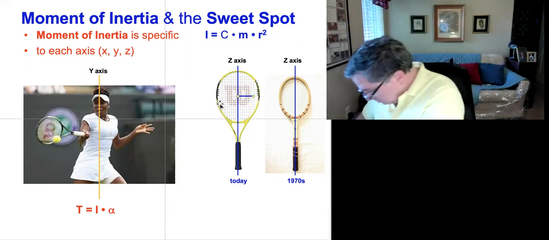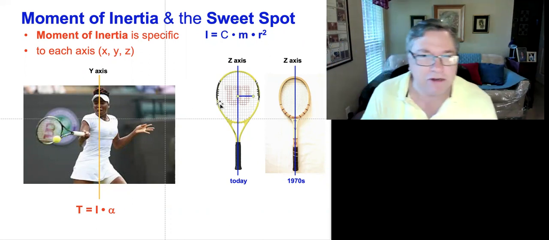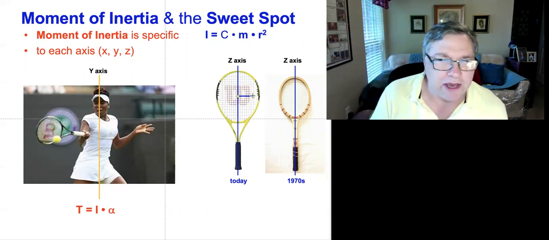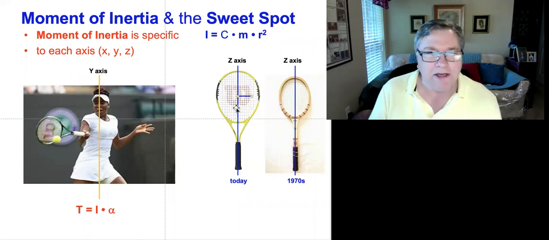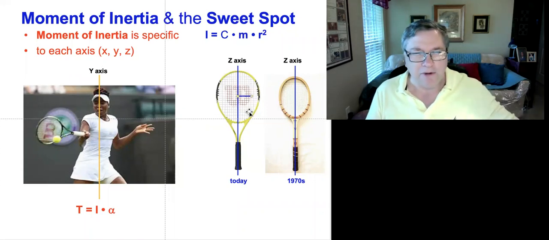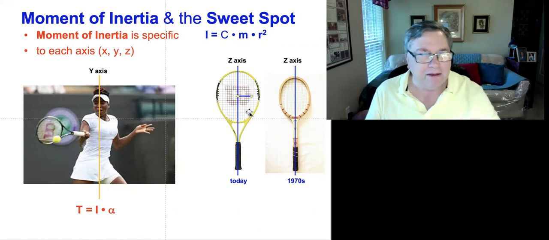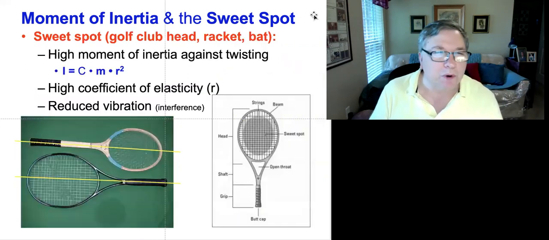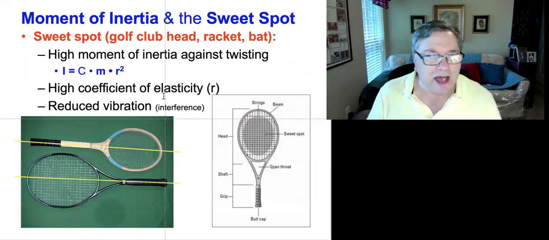The size of the W, that's about the size of the sweet spot. What does that mean? Well, anything in here, in this sweet spot, is going to hit it if it makes contact with the tennis ball pretty straight. And you're also going to get maximum spring out of it because it's going to have a high coefficient of elasticity, especially in that sweet spot.